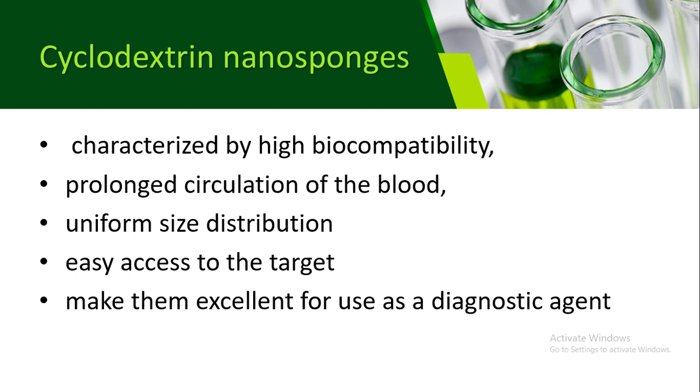Cyclodextrin nanosponges are characterized by many properties. For example, they are characterized by high biocompatibility, prolonged circulation in the blood, uniform size distribution, and easy access to the target. When we encapsulate the drug inside the cyclodextrin nanosponges, it can access the target easily.